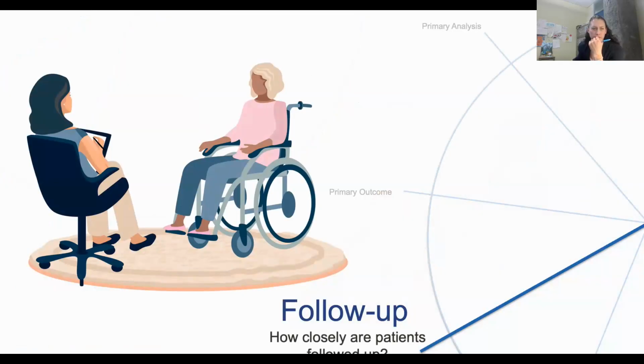Or are we just following them up when they return for their usual care? Keep in mind that for any trial, complete follow-up is essential. And so even in the context of a pragmatic trial, we have to make sure we have some mechanism for accounting for everyone who started at the beginning or at some level.